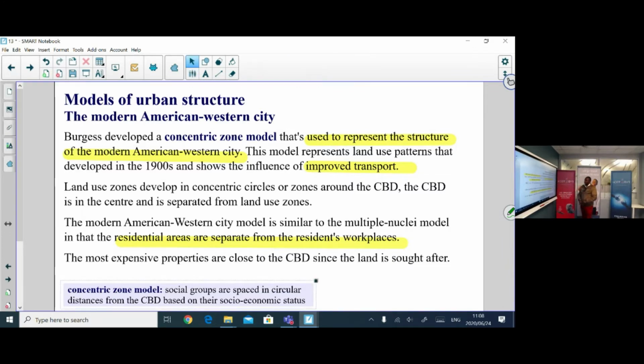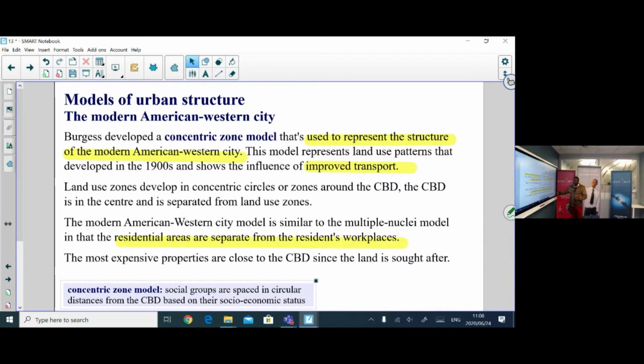Right? So they are separated land use zones. Then we are saying here the residential areas are separate from their workplaces. That's very important. The most expensive properties are close to the CBD. That's the difference also from the multiple nuclei model, where you find that the most expensive residences are actually far from the city.